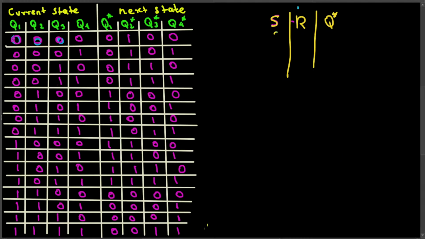When you have 00, the Q next state is going to be the same as the previous. So whatever the Q value you have, that's the value you're going to get for Q star. So same as previous.